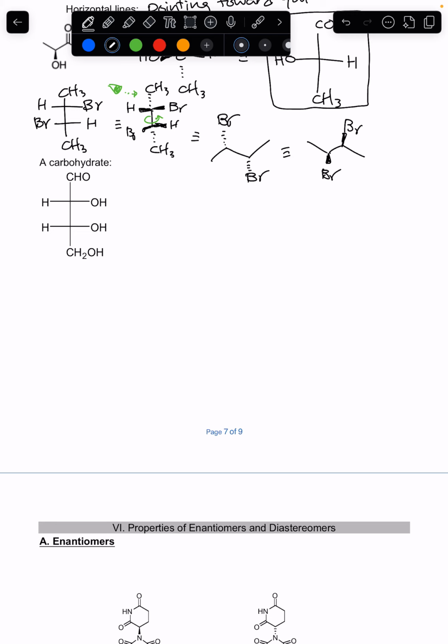And because carbohydrates come in all kinds of different stereoisomers, that's why people like to use Fischer projection. If you have an enantiomer, it's easy enough to draw: you just have to imagine the mirror right there and draw the mirror image. Okay, and then that would make these two indeed enantiomers of each other.